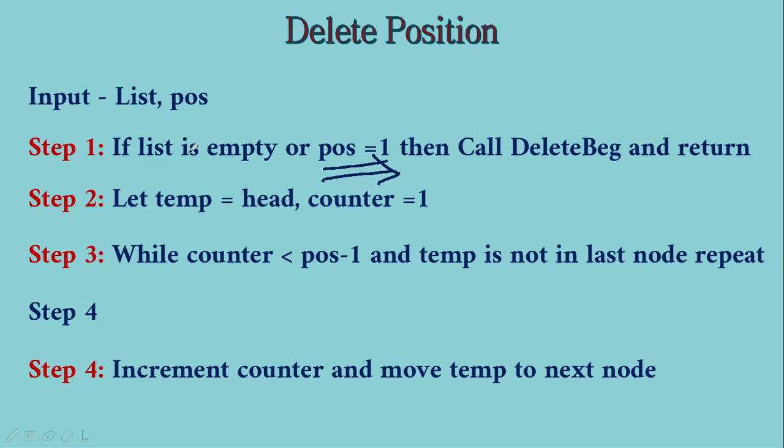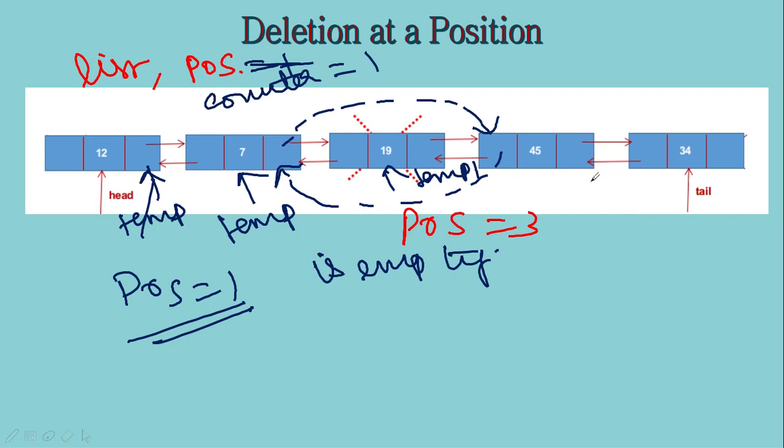So we are formally writing the algorithm. If the list is empty or position equals 1, we are going to call delete beginning and return whatever is returned by that function. Otherwise we set temp equal to head and counter equal to 1, and we move to the node at position minus 1. While counter is less than position, we have to move temp to the next node, but there are cases when your position may be invalid.